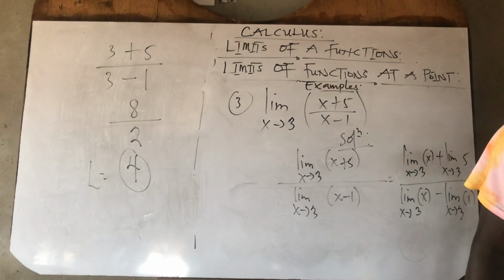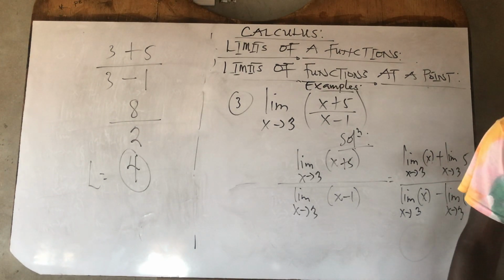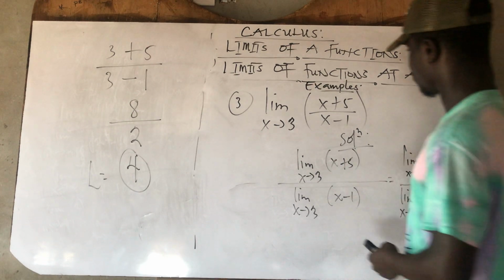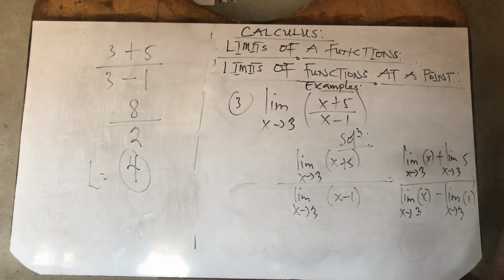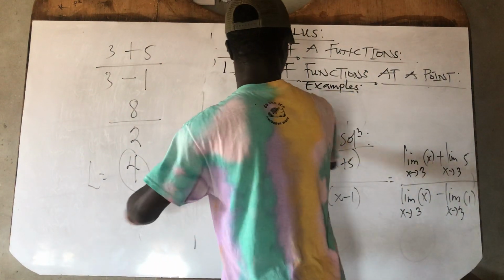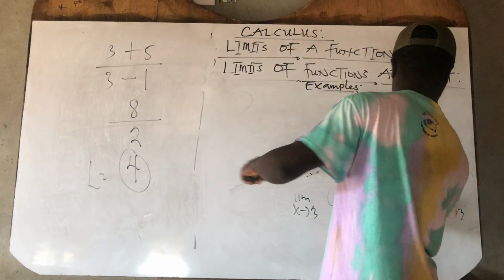Alright. Let me give the last example to you to try. The last example, that's the 4th example. This one is very, very simple. So you try the last example.